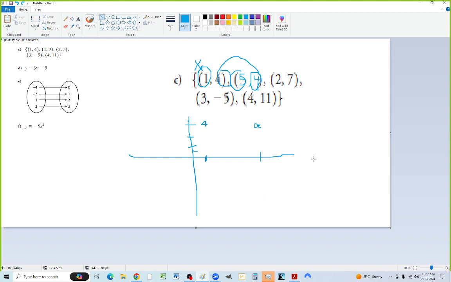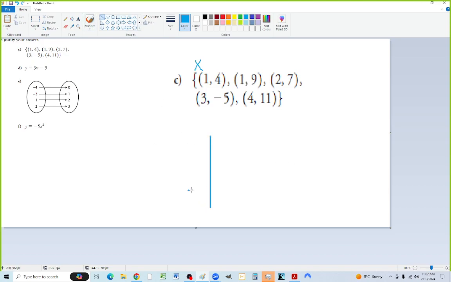But if I put what they originally had, let me graph what they originally had. They had 1 comma 9 and 1 comma 4. Well, 1 comma 9 on a Cartesian is roughly there, let's say. And 1 comma 4 is way down here, isn't it? Yeah. So if I were to put those two dots there and take a vertical line test, doesn't that red line cross those two dots at the same time?